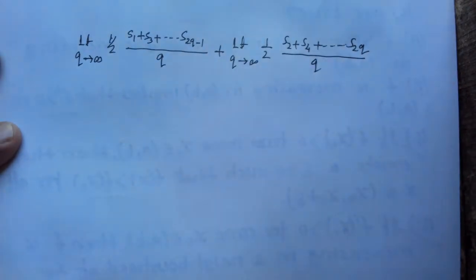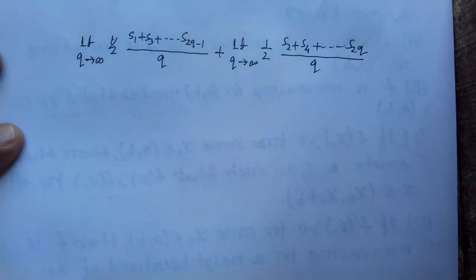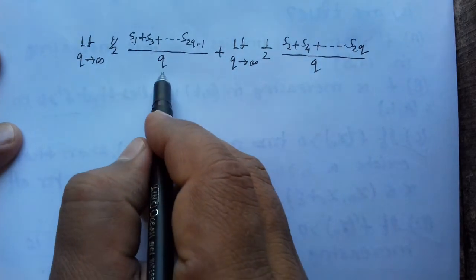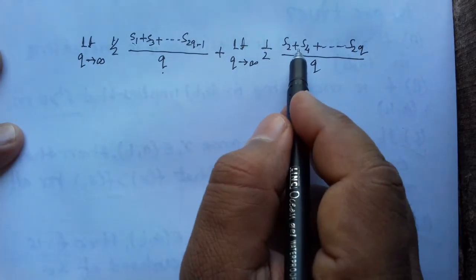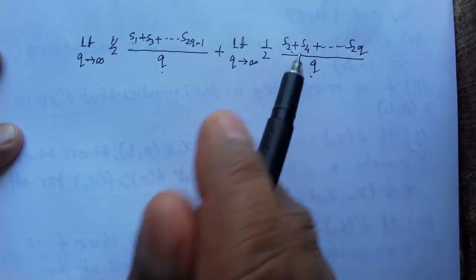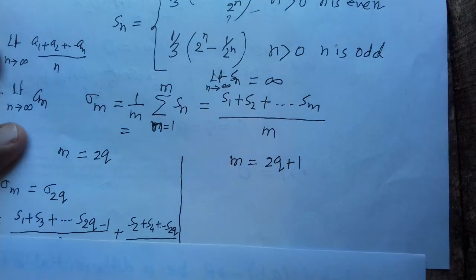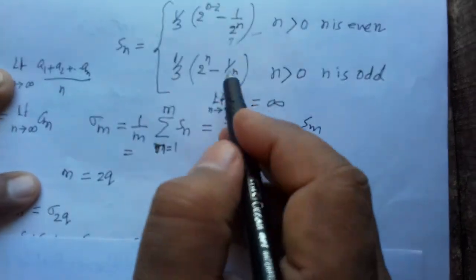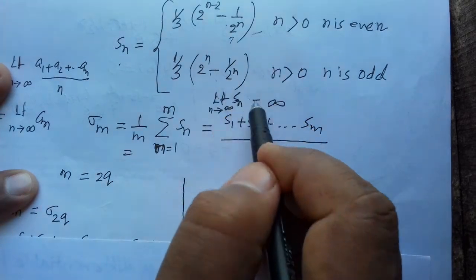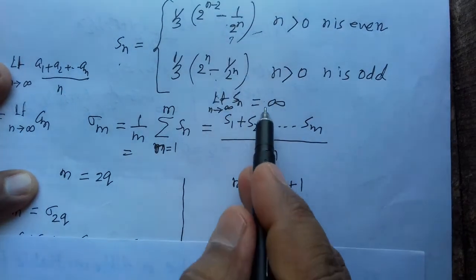And now we can apply Cauchy's theorem on limits. You see the number of terms is q, and the same thing here. I have shown that in both of these cases, if n tends to infinity, then these two go to infinity.